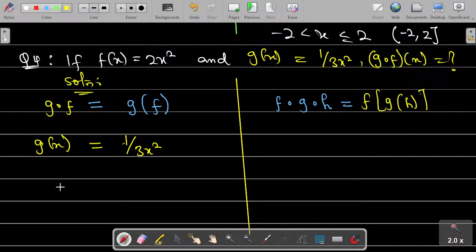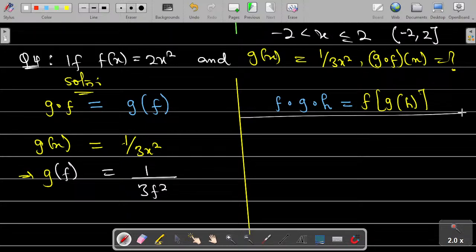In other words, if you now replace my x with f, it means that anywhere I see x in the function, I will replace it with f.